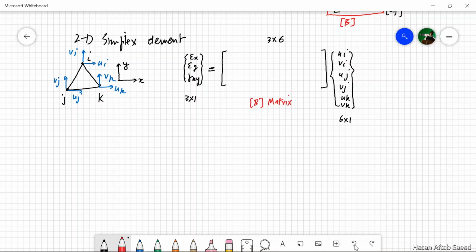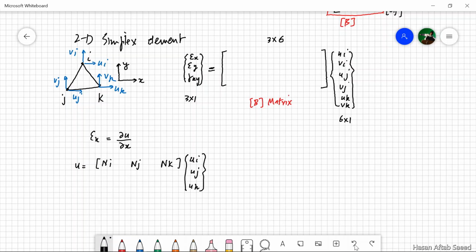Let's start with the first entry, epsilon x. Now epsilon x, in this case, is partial u over partial x. Now for 2D problems, recall from the lecture on shape functions, our u is Ni, Nj, Nk times ui, uj, uk. This is our u value.